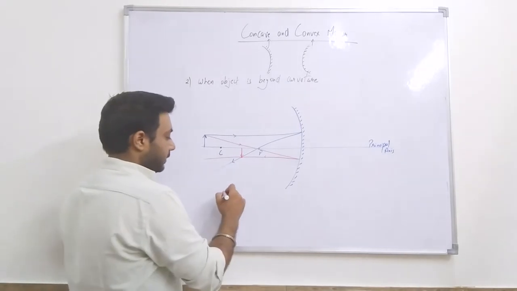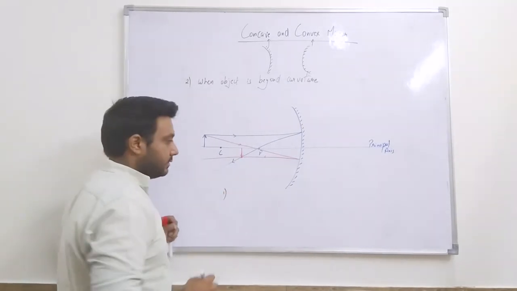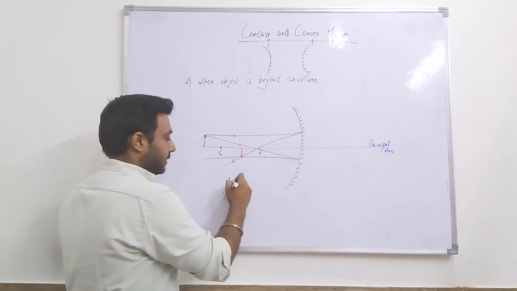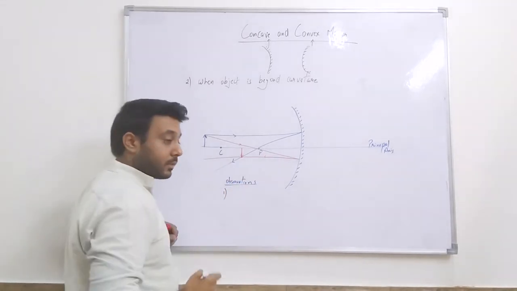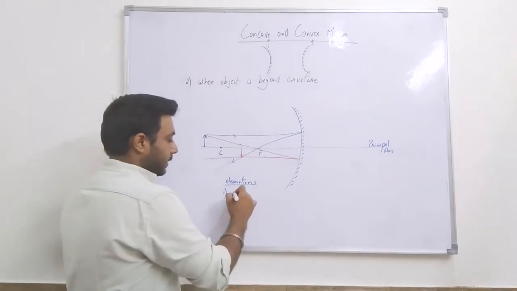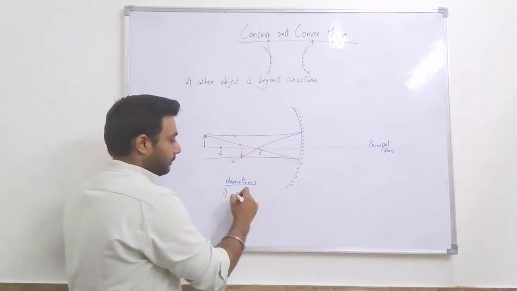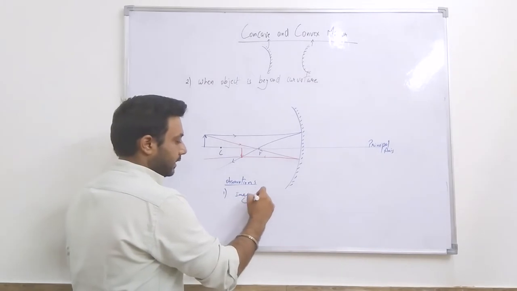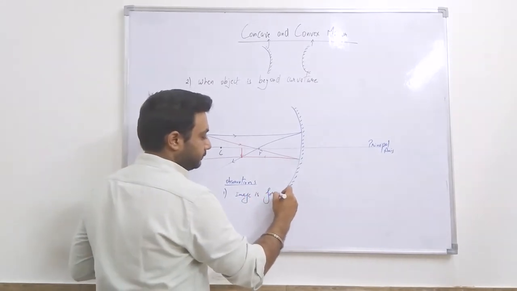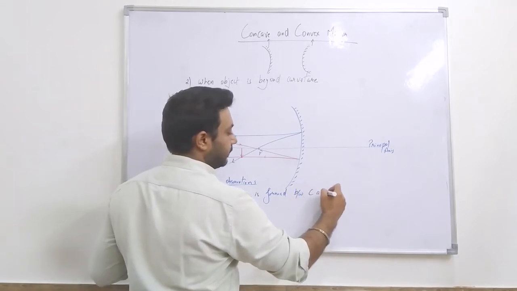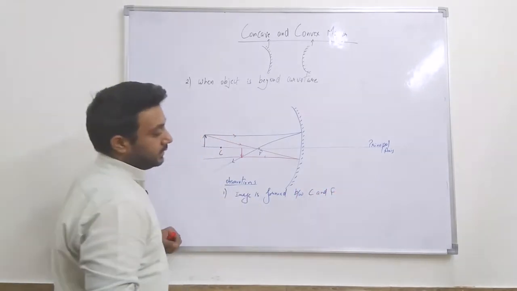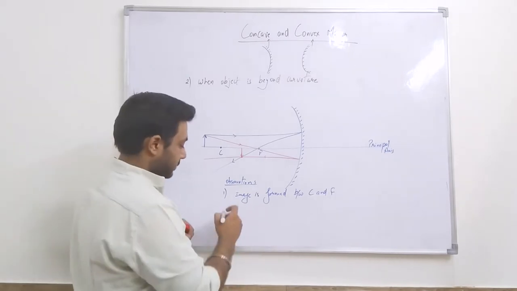Okay. Now, three observations. First observation, the image is formed between C and F, means between center of curvature and focus.